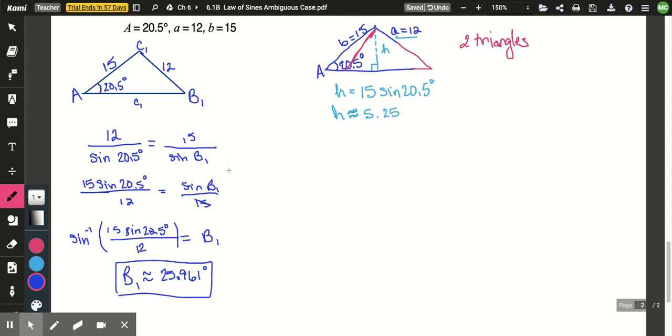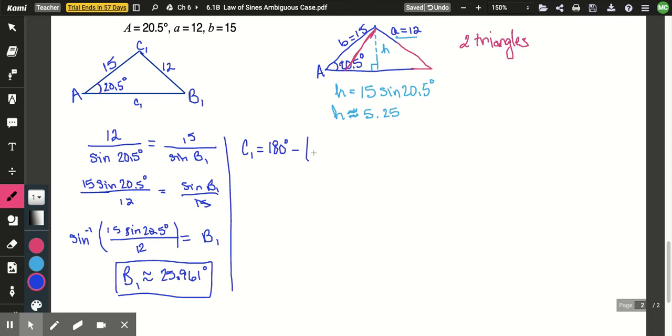All right, so now that I've got angle B1, the only things left to find are angle C1 and side C1 for the first triangle. Since those are not related sides, related angle and side, I can't just go straight into the law of sines, so I'm going to have to use the fact that the sum of the angles of the triangle is 180 degrees to find C1.